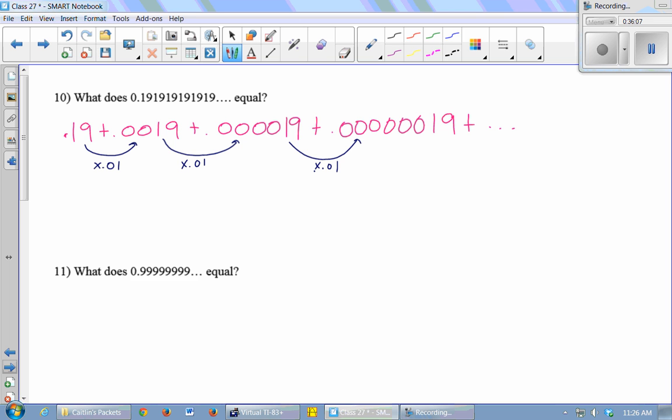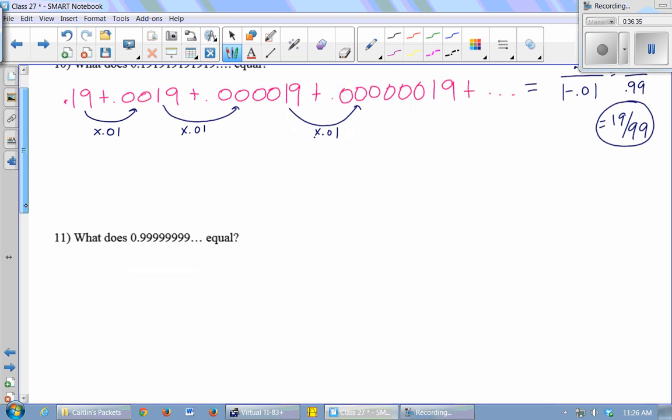So my constant multiplier is 0.01. So the sum of this guy is the first term divided by 1 minus the multiplier, which is 0.19 over 0.99, or 19/99. Same thing we got with the algebraic proof.